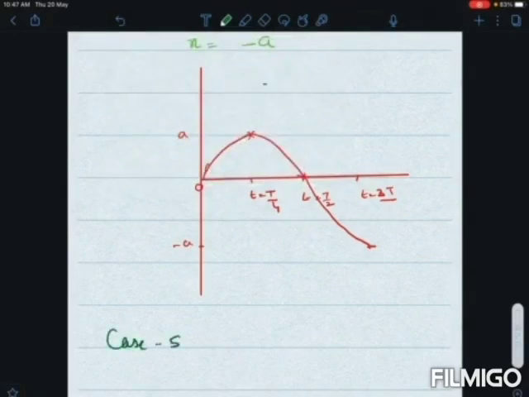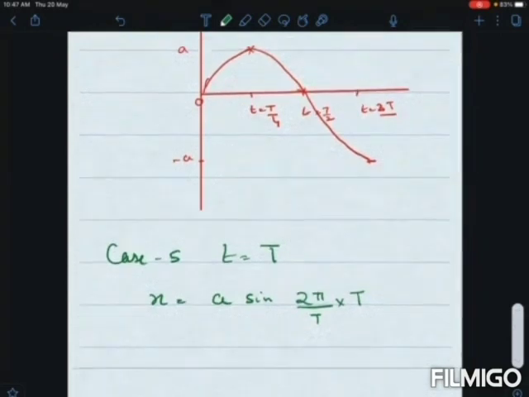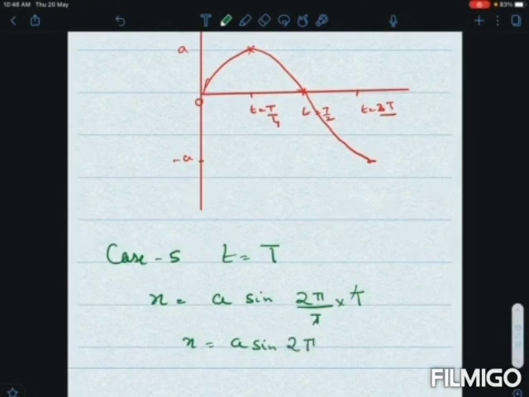Now another possibility is your fifth case, case 5, when t is equal to capital T itself. Then your equation becomes x is equal to a sine 2 pi by T into T. So it is x is equal to a sine 2 pi, and you know sine 2 pi is nothing but 0.